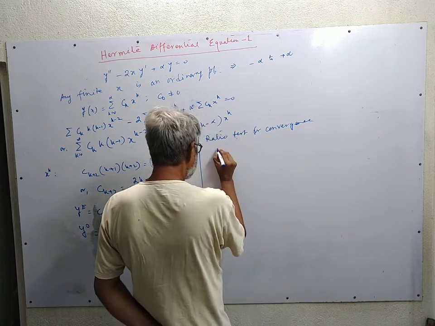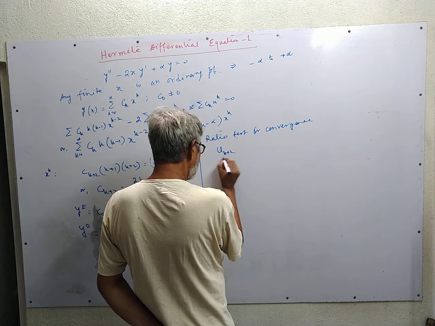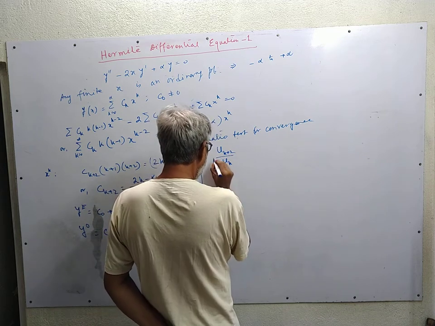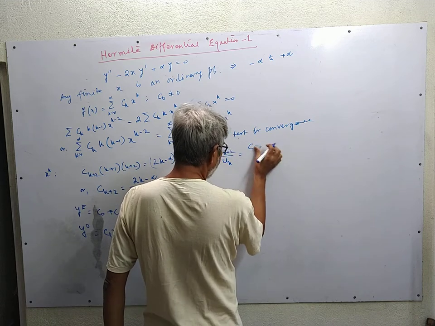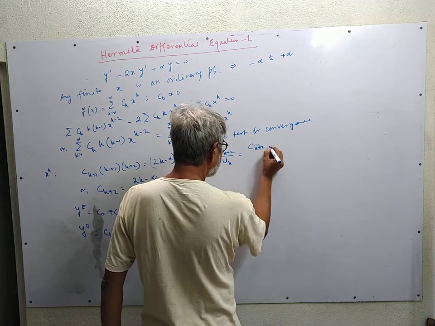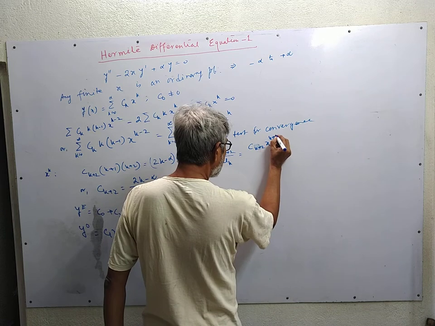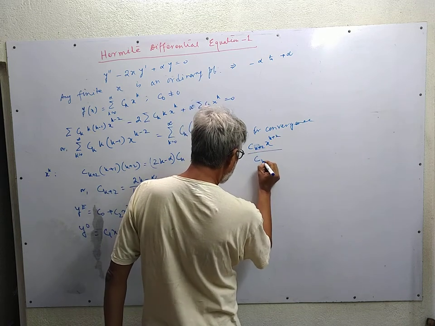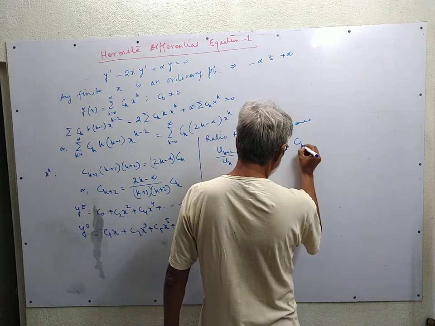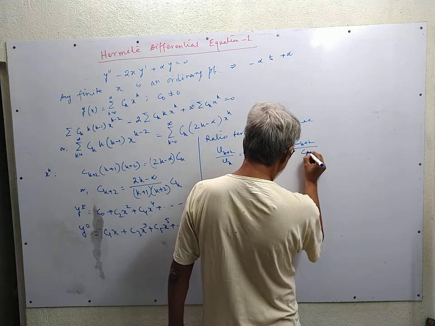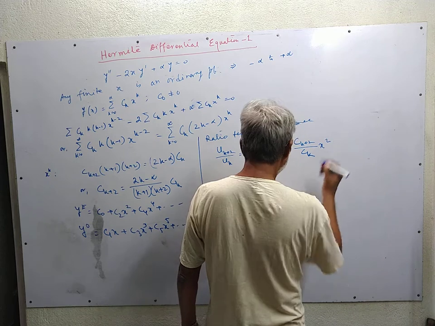The statement is that u_(k+2) by u_k is simply c_(k+2) x to the power k plus 2 by c_k x to the power k, which is c_(k+2) by c_k times x square.